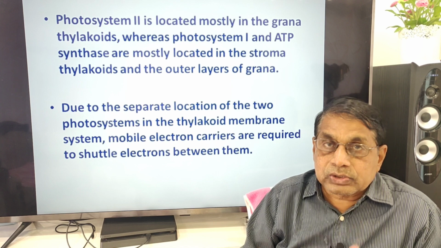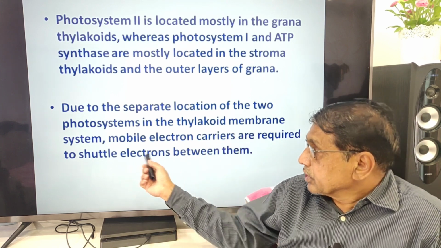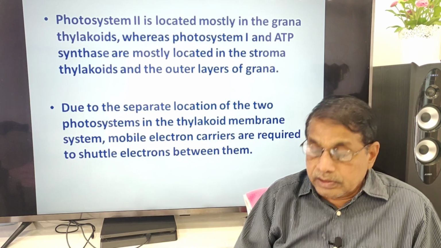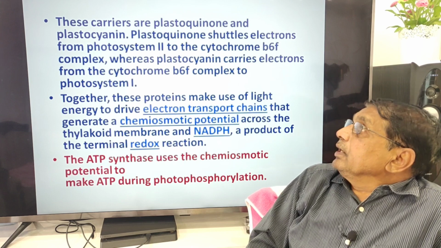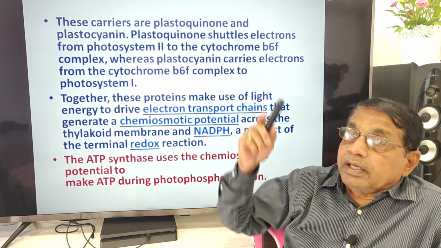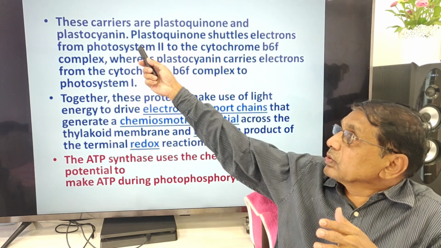Mobile carriers, just like plastoquinone and cytochromes, are required. They shuttle the electrons between photosystem 2 and photosystem 1. What are these carriers of electrons? Plastoquinone, plastocyanin.